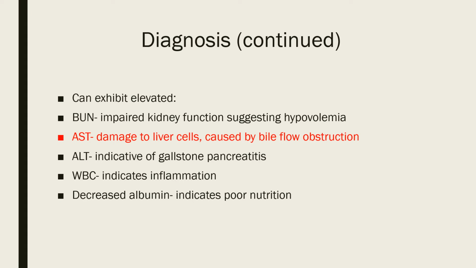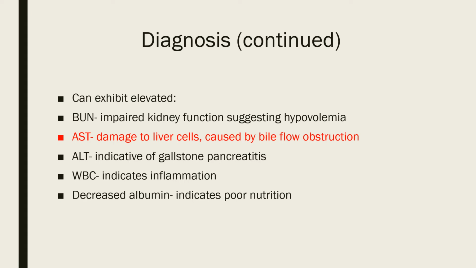There will be damage to the liver cells, and this will be caused by possible bile flow obstruction. So in pancreatitis, when the AST level is elevated, there is damage to the liver cells caused by bile flow obstruction.